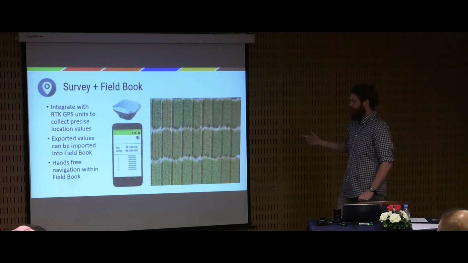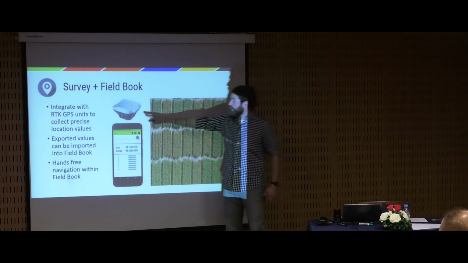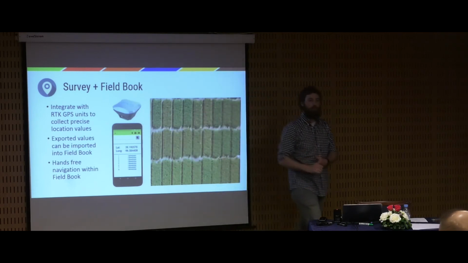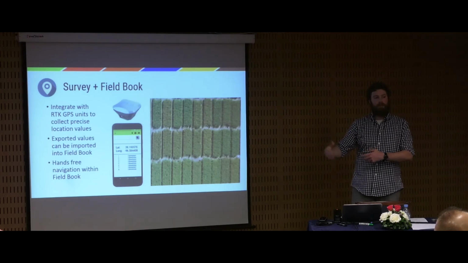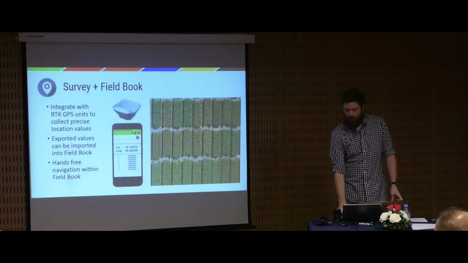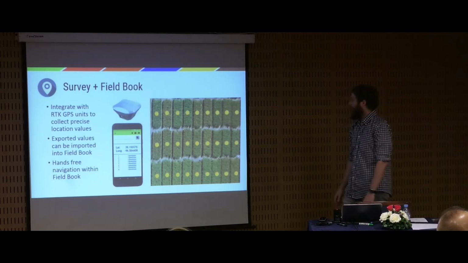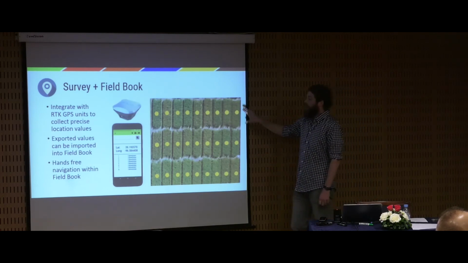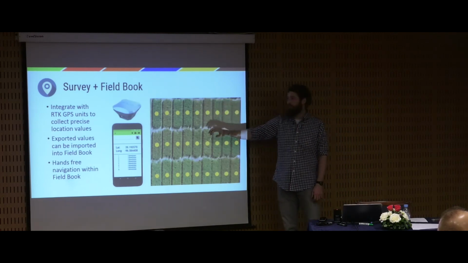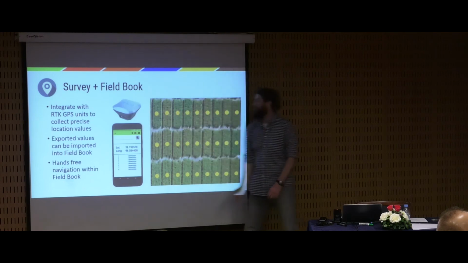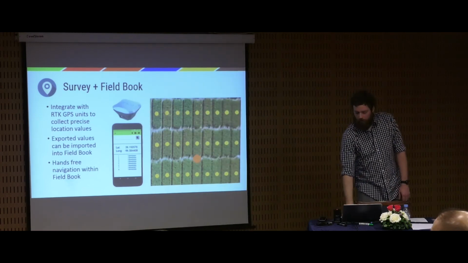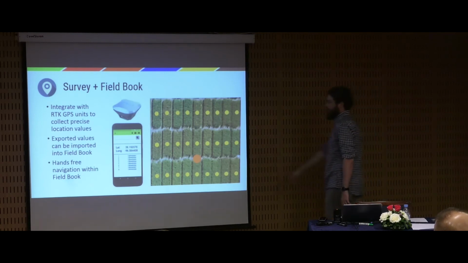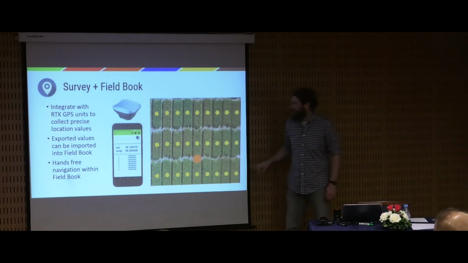But with these external RTK GPS units, we can utilize those not only with separate apps, but within Fieldbook as well. And so the concept here is that we'll walk through this field using this RTK GPS to get an individual point for each of these plots. We'll have our orange commander-in-chief collecting data throughout the field.